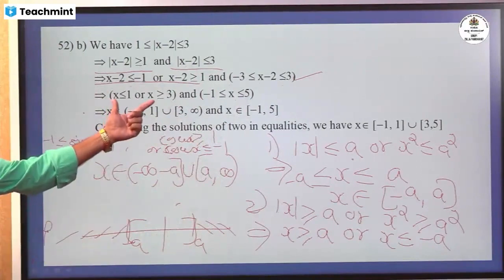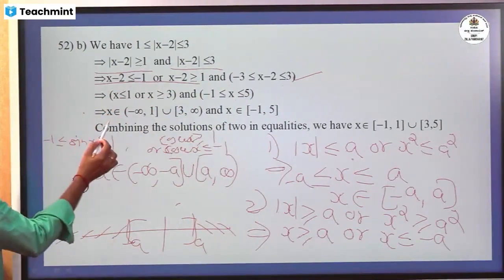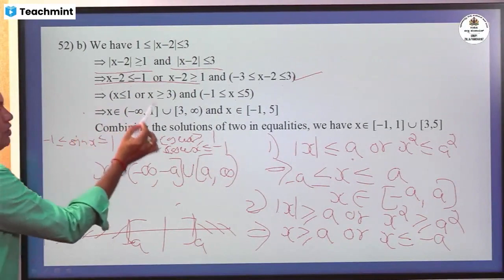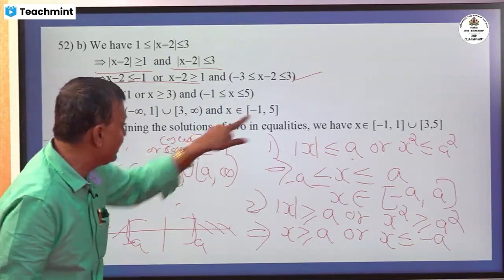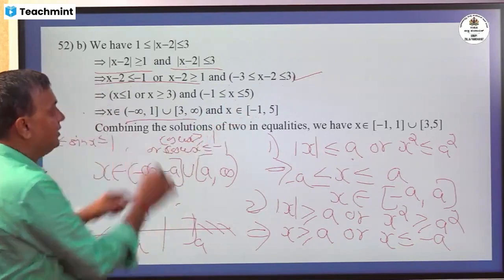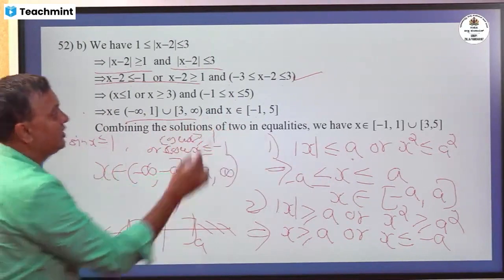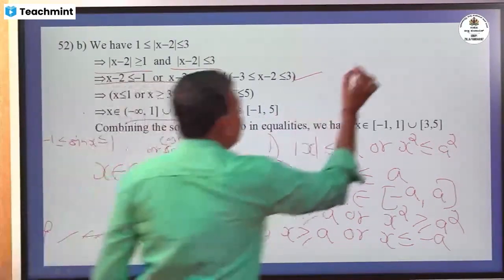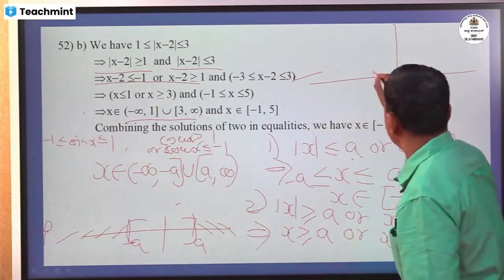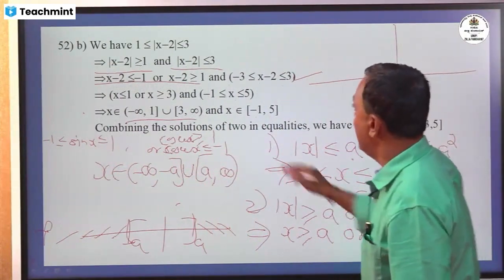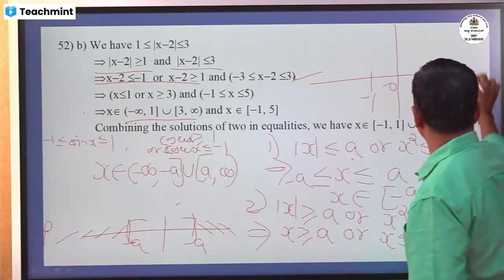So here x less than or equal to 1 or x greater than or equal to 3 means x belongs to minus infinity to 1 union 3 to infinity. This is by the first one, this is by the second one. Combining the solutions of the two inequalities, look here. This is 0. So this is minus 1, correct? And this is 1 and this is 3, this is 5.